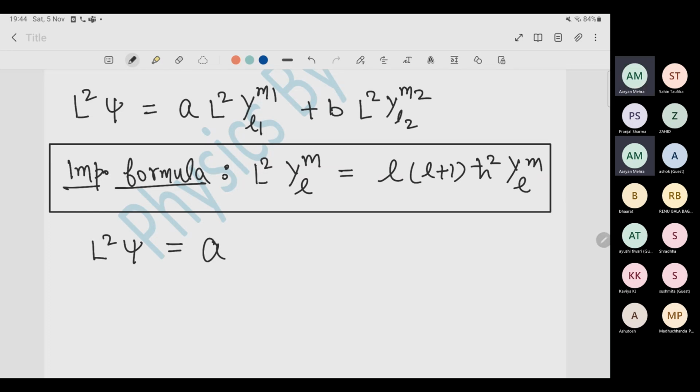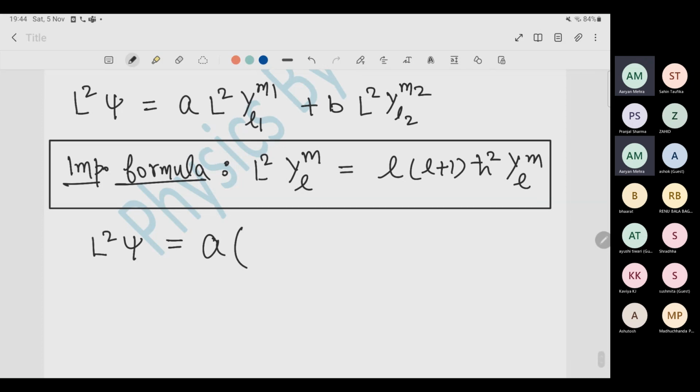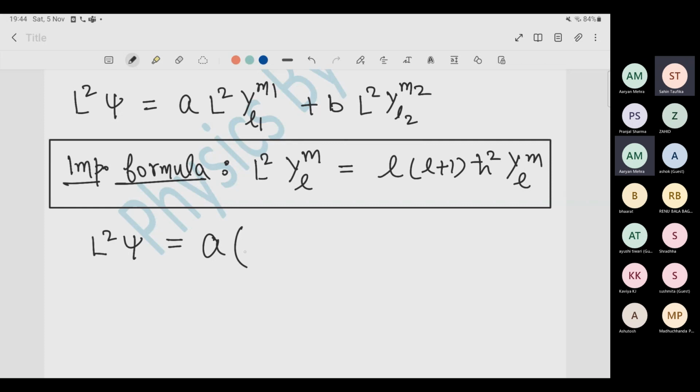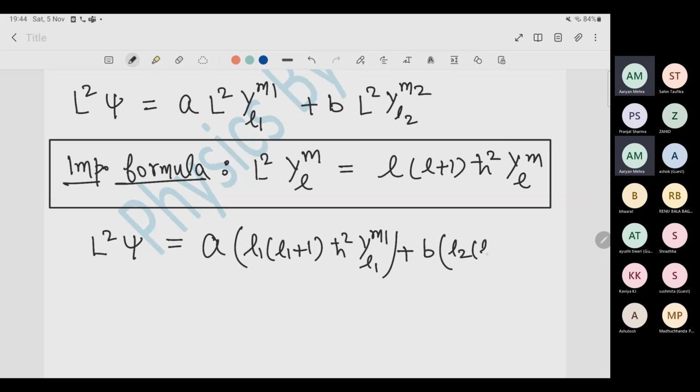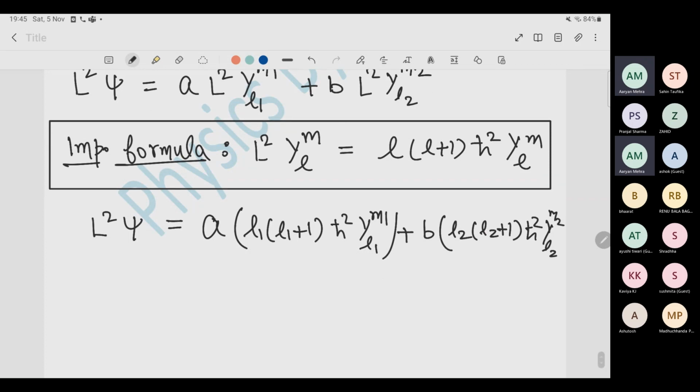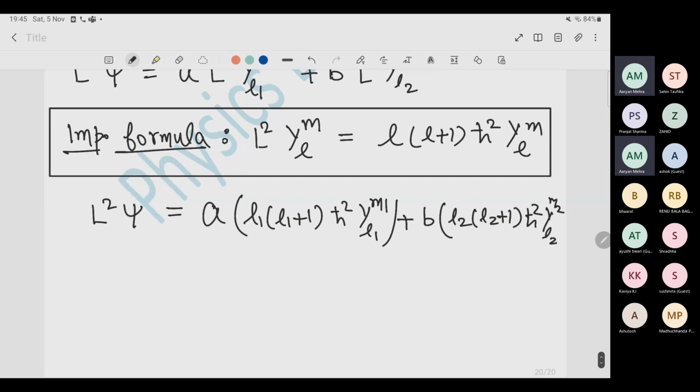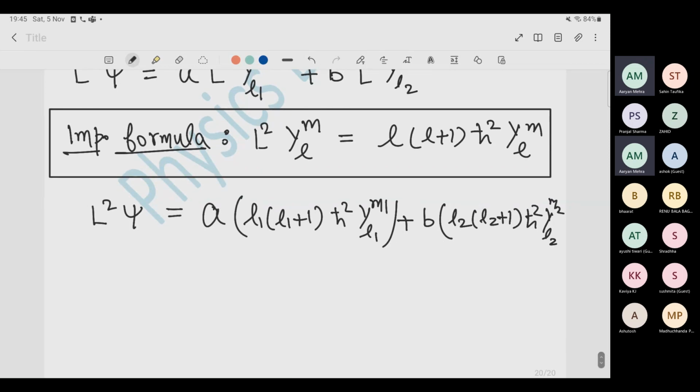So can you tell me what I should write in front of A? What will be the answer if L square operates on Y_{L1 M1}? L1(L1+1) h-bar square, then again the same state Y_{L1 M1}. And here, L2(L2+1) h-bar square Y_{L2 M2}. Did you all understand how L square operates on your states?